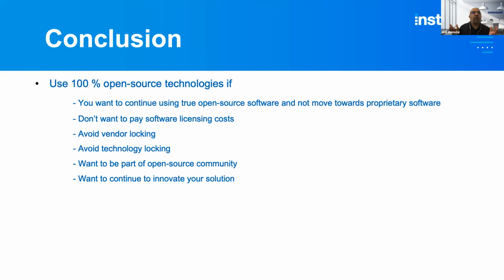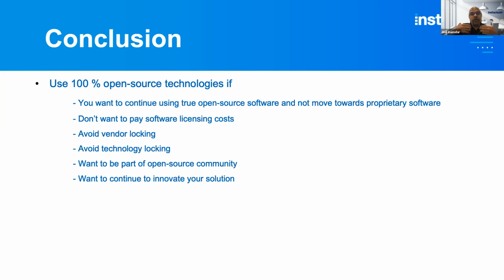If you want to avoid vendor lock-in, if you want to avoid technology lock-in, open source is a no-brainer. If you want to be a part of the open source community, then yes, use open source software. And if you want to continue to innovate your solution and not depend on the proprietary vendor's timeline, if you want to add new features that are not available in the open core or proprietary product, you can start adding that feature yourself.